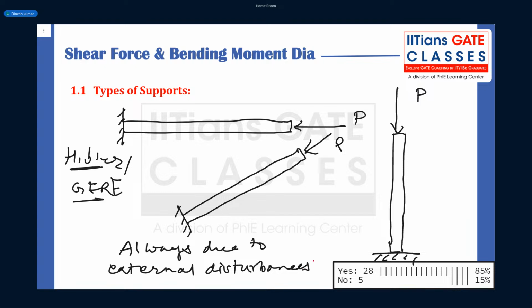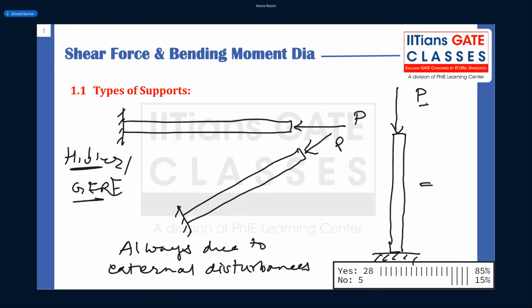Suppose you have a pillar, and it is subjected to some axial load, and initially it is straight. What can be the external disturbance? In the atmosphere, you have seen many pillars. What can be the external disturbance?